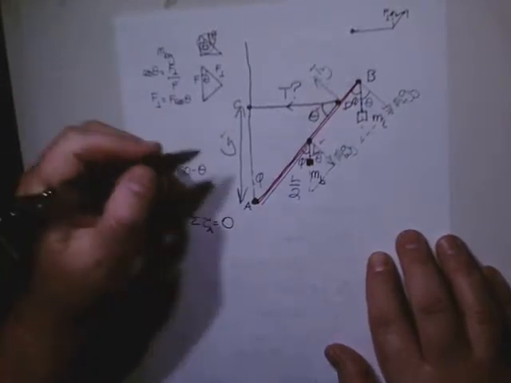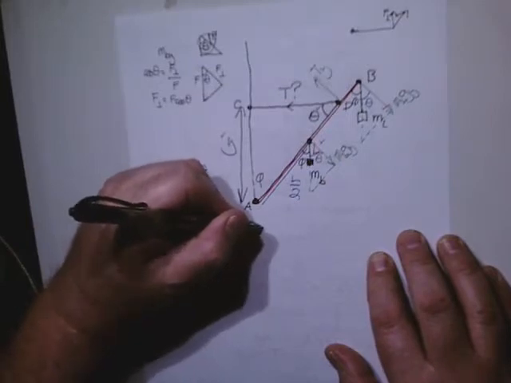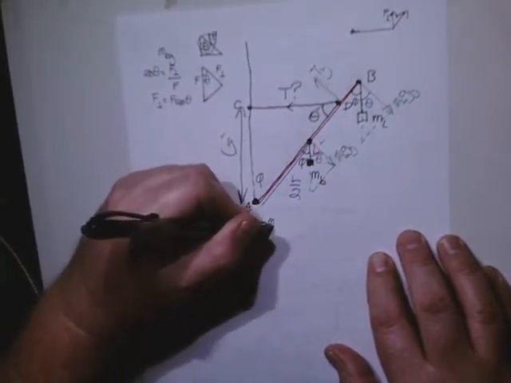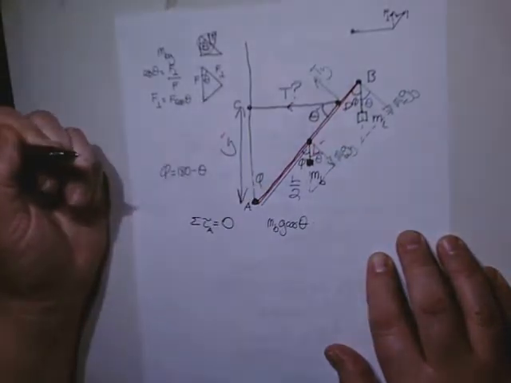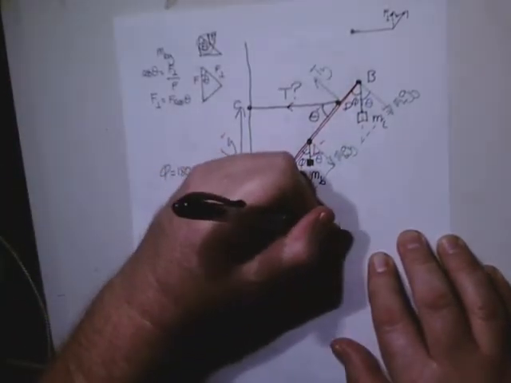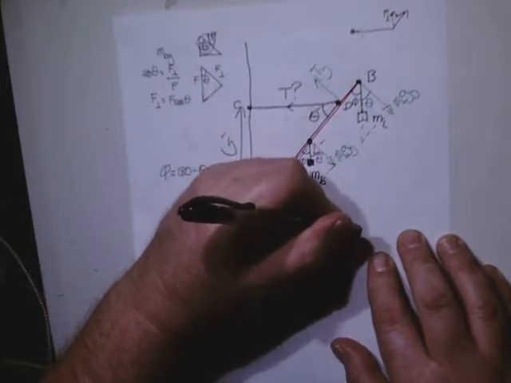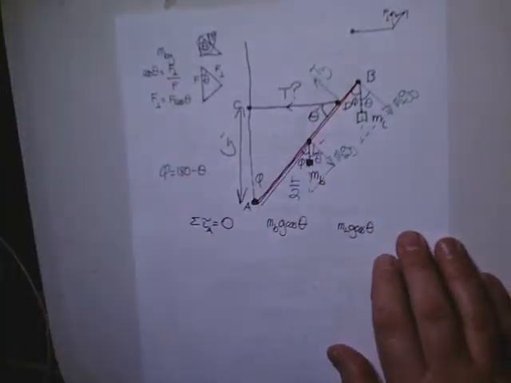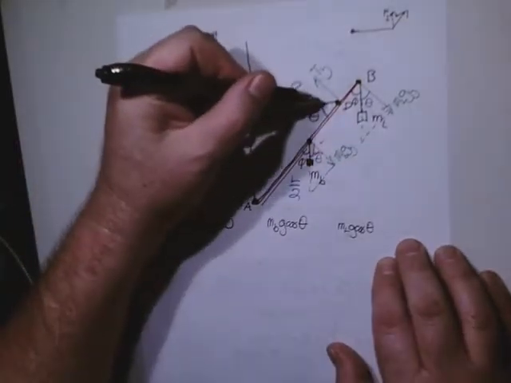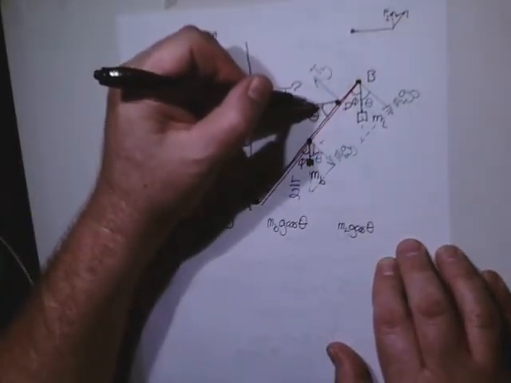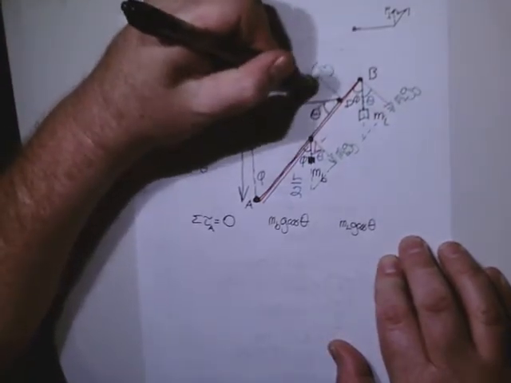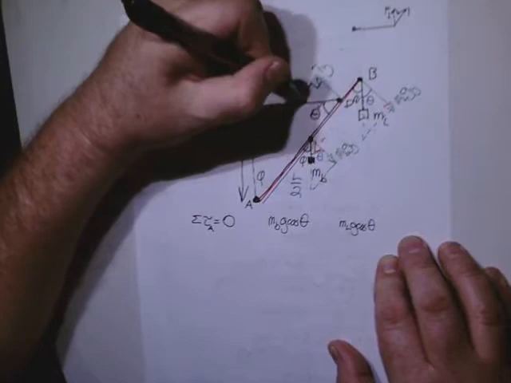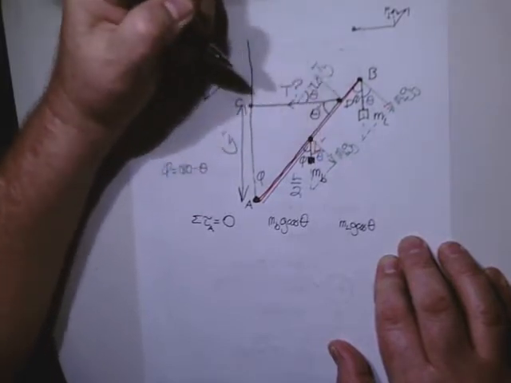So in the case of MB, it is MBG cosine theta. In the case of ML, it's MLG cosine theta. Now for T sub y, if that's theta, that is theta.